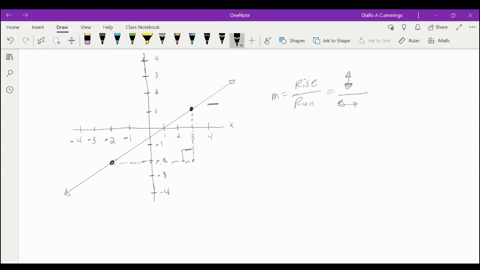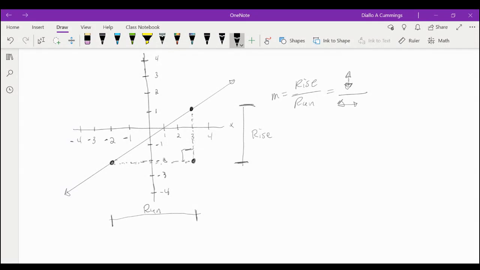I'm going to calculate the distance from this point to this point on my vertex, that's my rise. And then the distance from this point to this point is the run.